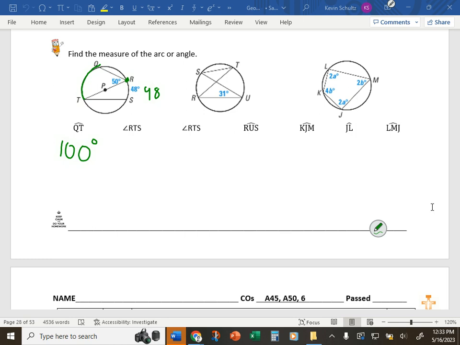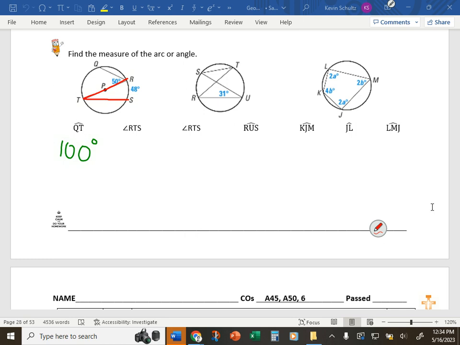The next question asks for RTS, which of course means we're going the long way around here. Angle RTS. In this case, you're given the arc measure. The arc measure is 48.